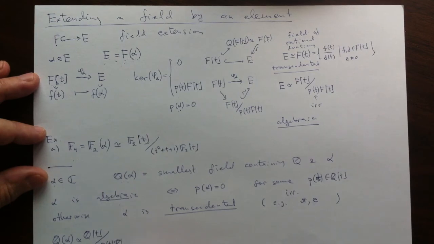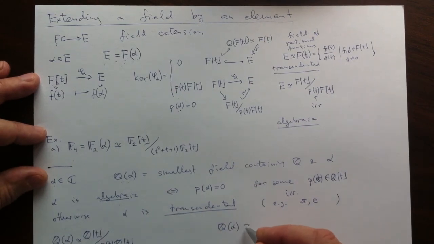And you could see that this irreducible polynomial is effectively unique if it's made monic. Such a polynomial is called the minimal polynomial for an algebraic number. And if alpha is transcendental, extending rational numbers will give a field which will be isomorphic to the field of rational functions.